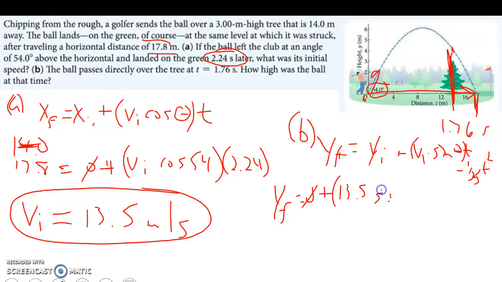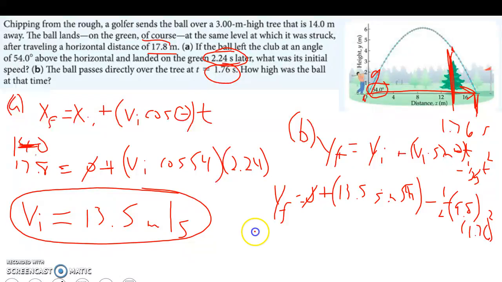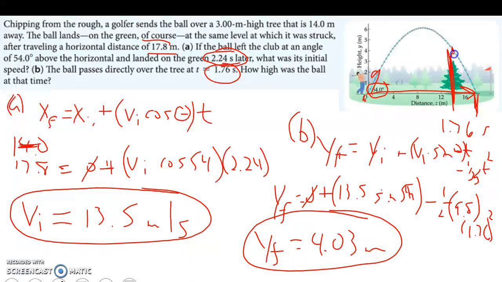I'm going to multiply that by the sine of 54 minus 1/2 times 9.8, and I know it took 1.76 seconds, 1.76 seconds squared. Solving for yf, and you can put all this into your calculator, yf is going to equal 4.03 meters. So that's how high it was when it got there. And the tree is 3 meters high, so we definitely cleared it, which is kind of important when you're playing that shot in golf.